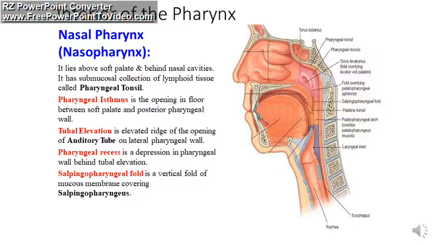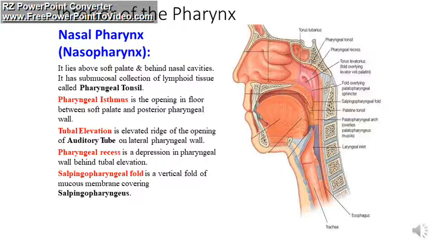If you look here in the internal auditory meatus, this one has the Eustachian tube. And also where we see here in this area, the pharyngeal depression, what is called the pharyngeal recess, is the depression in the pharyngeal wall behind the tube elevation in this area.